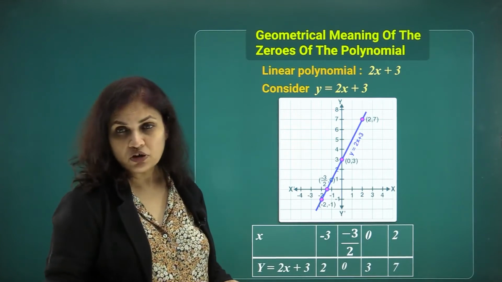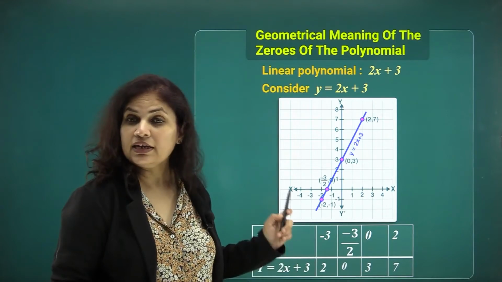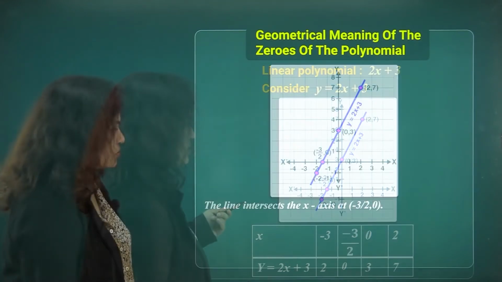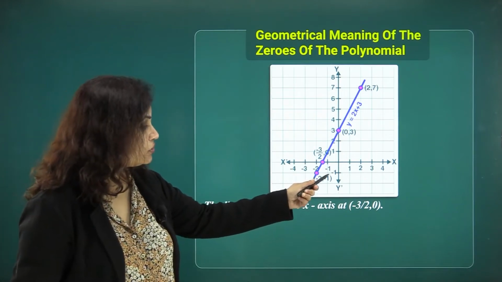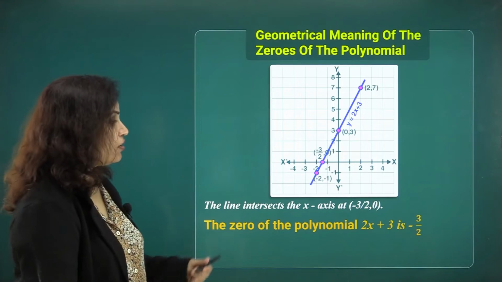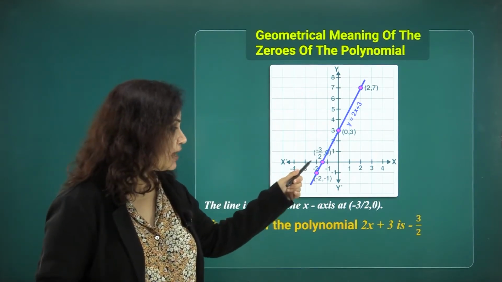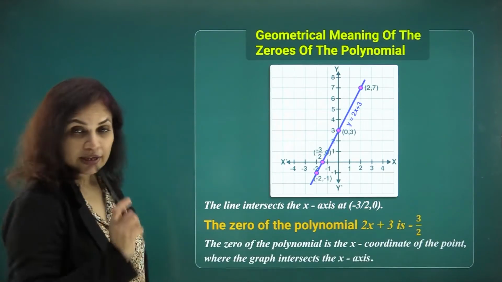So, the 0 of any polynomial graphically is that point where the curve or the line intersects the x-axis. So, the line intersects the x-axis at -3 upon 2 comma 0, and the 0 of the polynomial is hence x is equal to -3 upon 2, the point on the x-axis.